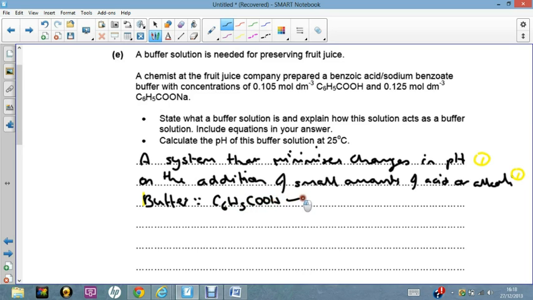C6H5COOH. Okay, that's our buffer equation. Quite often you'll get a mark for this, in this question you don't. What you do get marks for in this question are what happens when you add acid and when you add alkali. So if you add acid to this, so that's the acid, it's going to react with this.